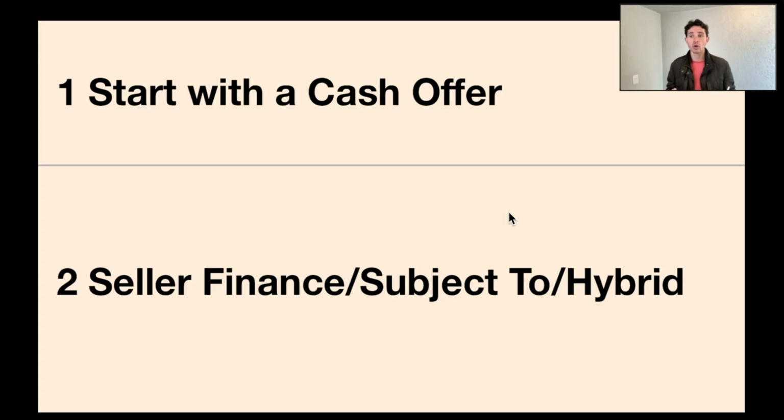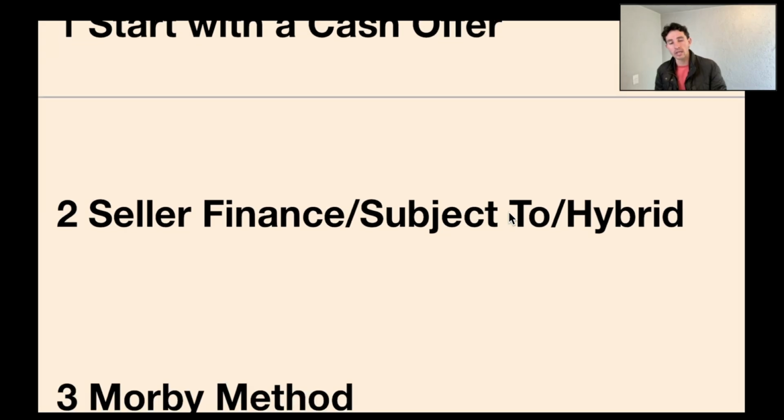You need to know how much equity this property has so you can make a decision on if it's a seller finance, meaning free and clear, or subject to, maybe they don't have any equity on the property, they are underwater, so you might just do subject to, or hybrid if they owe like 40-50% of mortgage and then you seller finance the remaining equity.